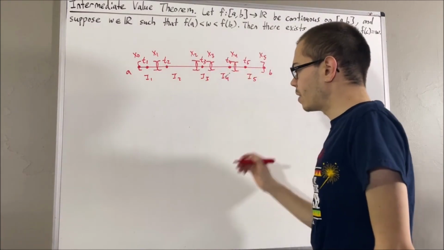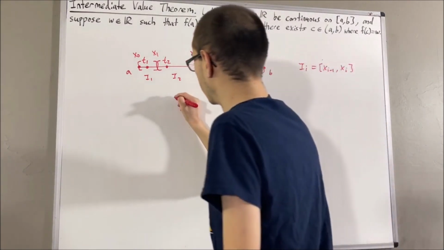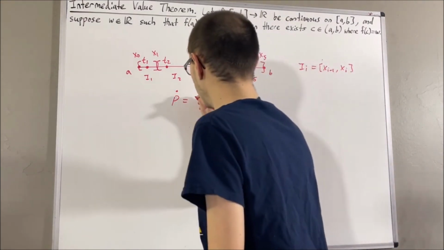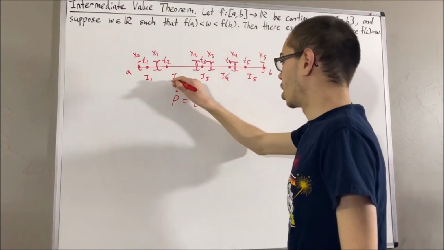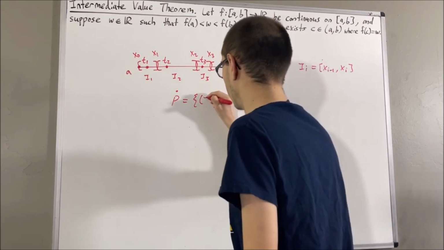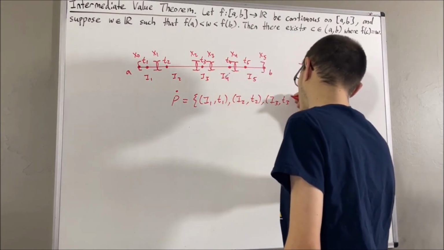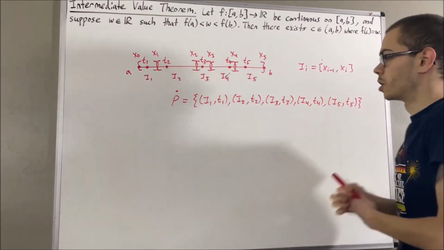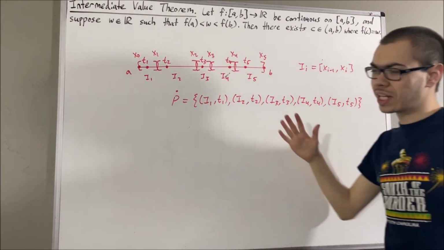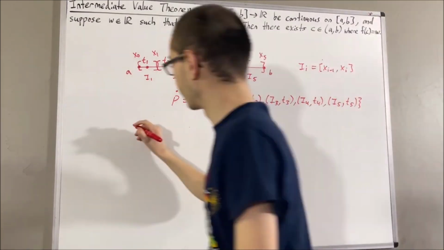And the way we symbolize a tagged partition is by a letter with a dot on top. And the collection is essentially the collection of subintervals along with the tags in each of those subintervals. So just like this.